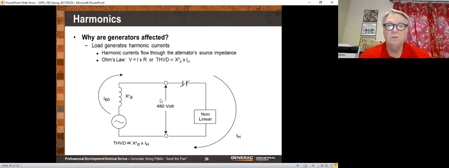But it gets worse than that, and the reason is that the impedance of a typical transformer is around 5%, 5.75%. They do vary, but that's a typical value, whereas the impedance of a generator is probably more like 13, 14%. So we'll assume the impedance of a generator is about 3 times higher than a transformer.